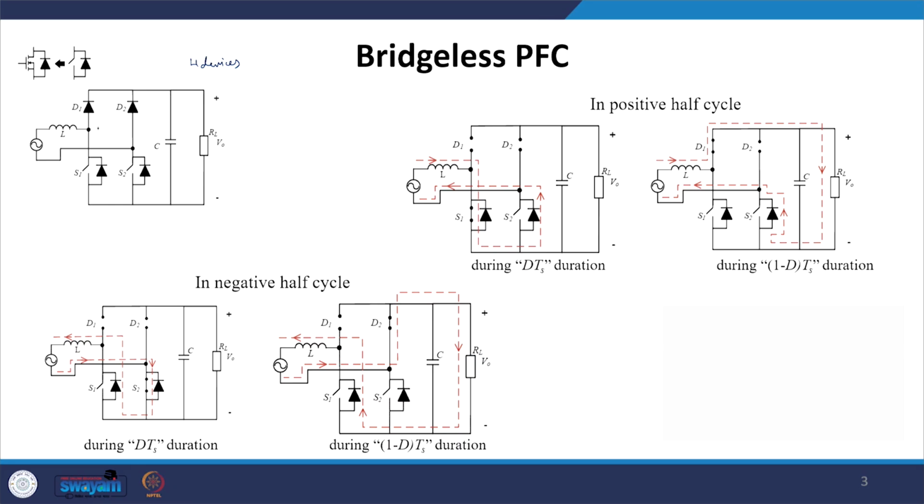So in this case we have 4 devices, where 2 are diodes and 2 are MOSFETs with body diodes.